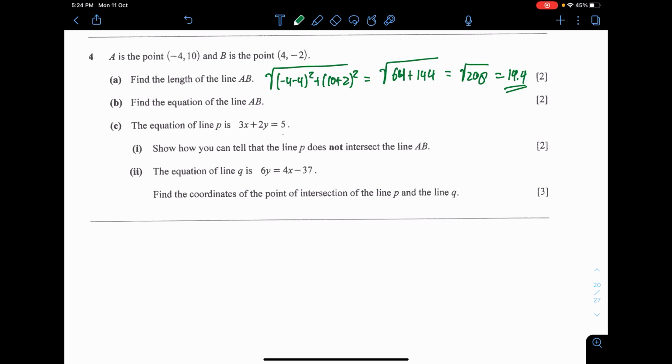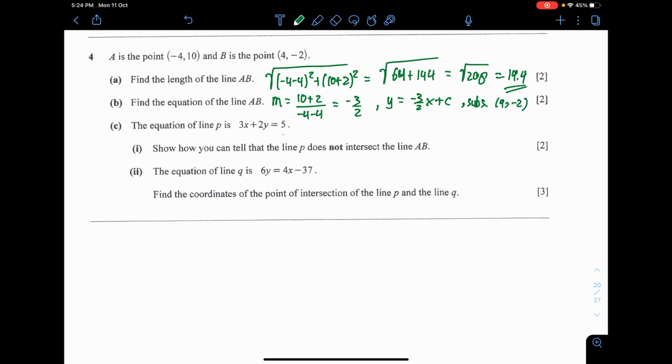Okay. Find the equation of the line AB. Well, I need the gradient of AB. Before that, I'll take 10 minus -2, which becomes plus, and then -4 minus 4. I'll get 12 over -8, -3 over 2. So then, equation of line is y equals mx plus c. I can sub in 4, -2 into the equation.